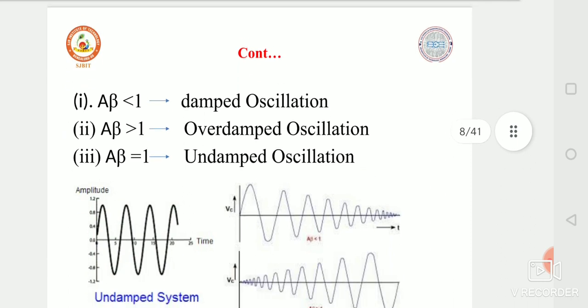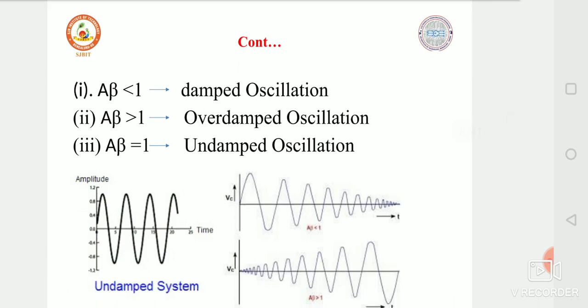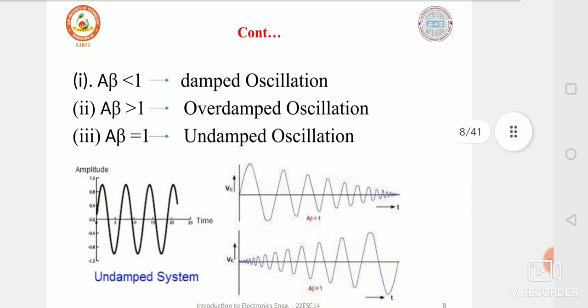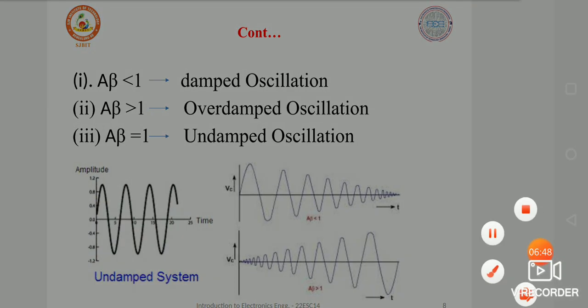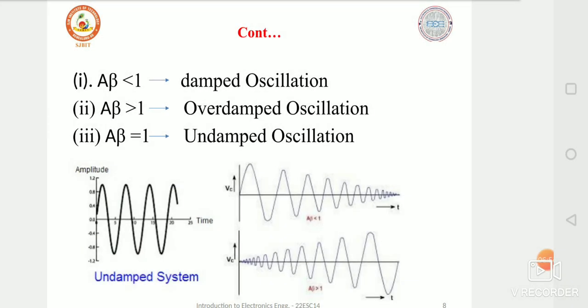You can see here, if A beta is less than 1, we get a damped oscillation. If A beta is greater than 1, we get an overdamped oscillation, and if A beta is equal to 1, we get an undamped oscillation.